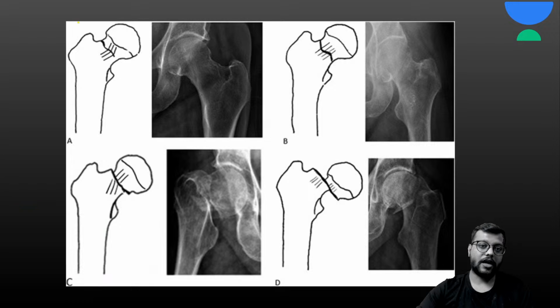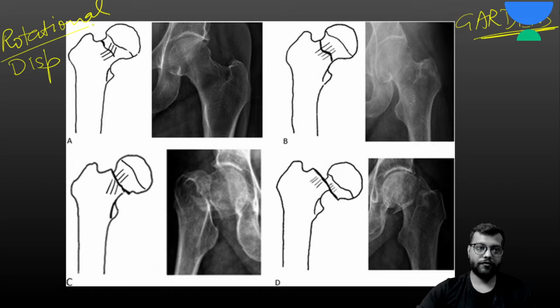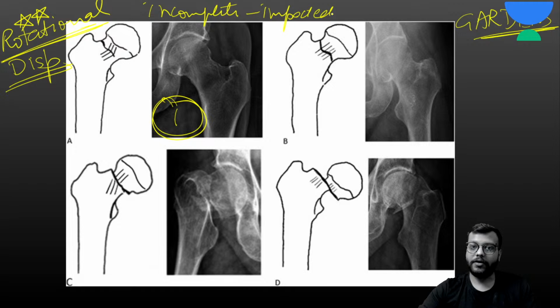This is the Garden's classification, according to the rotational displacement in case of fracture neck of femur. In the first type, the fracture will be incomplete and undisplaced, also called impacted or abducted fracture, and only this is the fracture of neck of femur which can be managed conservatively.